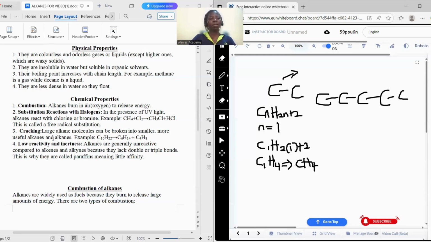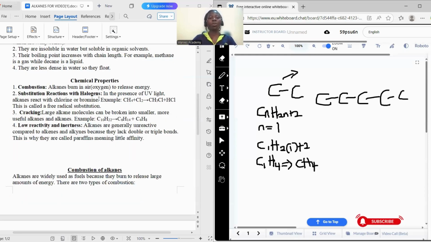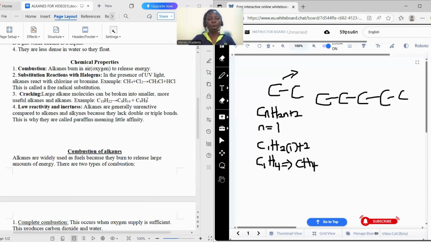The next is cracking. Large alkane molecules can be broken into smaller and more useful alkanes.